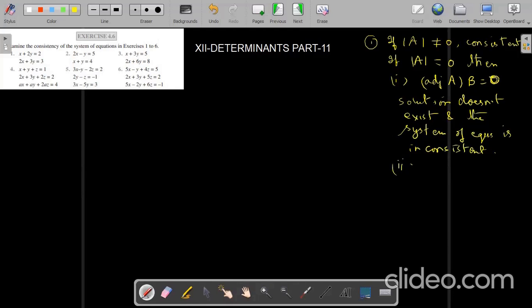Or the second possibility is if we get adjoint A. This is the first part, and this is the second part.